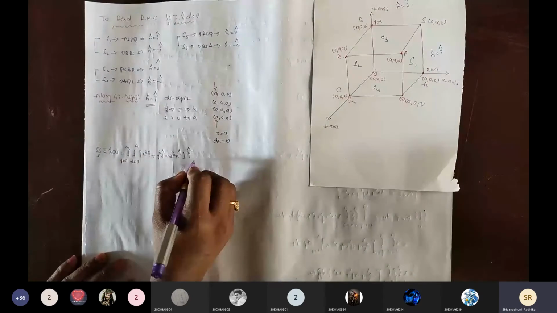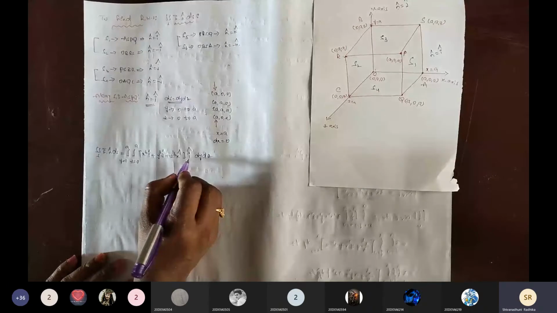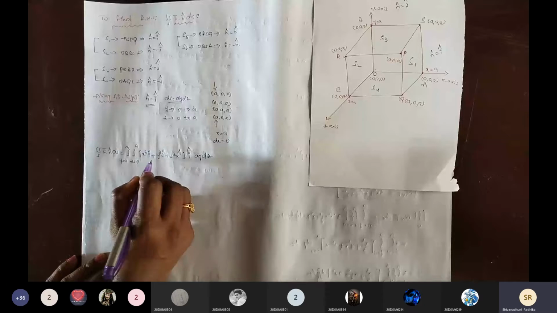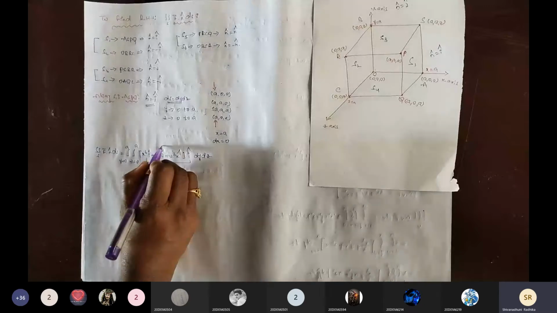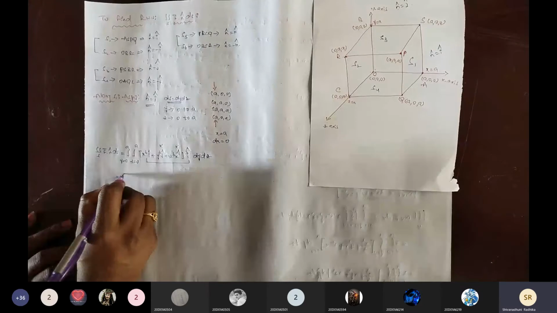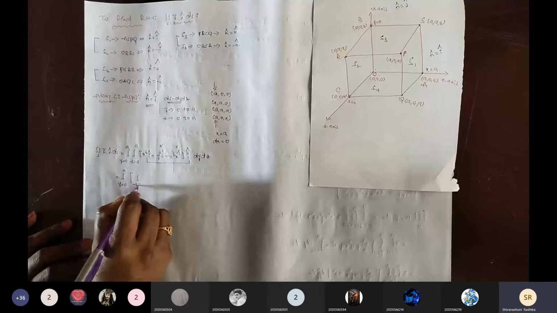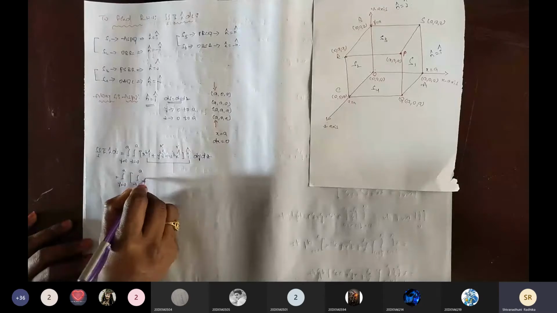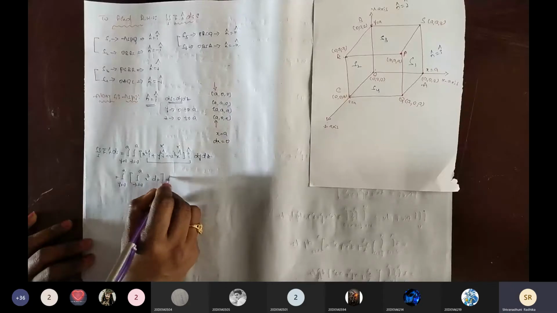What is ds here? dy dz. In the vector function, i cap dot i cap is one, only x cube remains, and j cap and k cap vanish. So the integral over y from 0 to a, and z from 0 to a, of x cube dz dy.